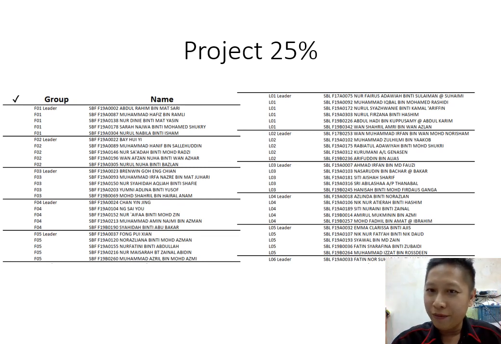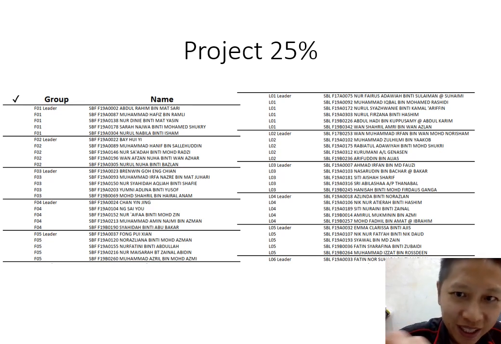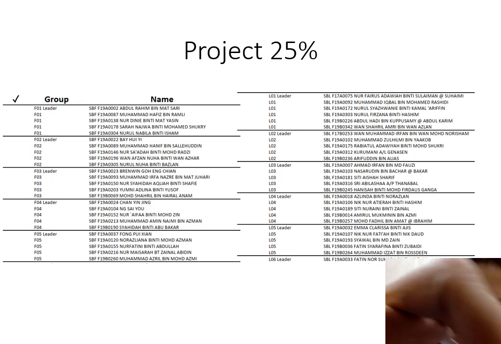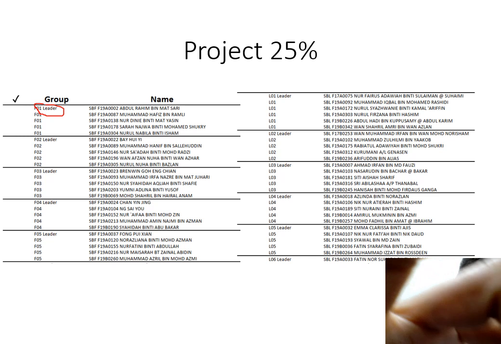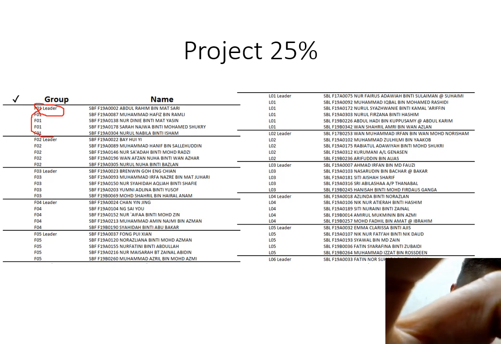You're going to have a total of 5 members inside one group, but a few groups are going to contain 6 members because there are some extra numbers. You see that there will be a leader, and then there'll be 4 members.